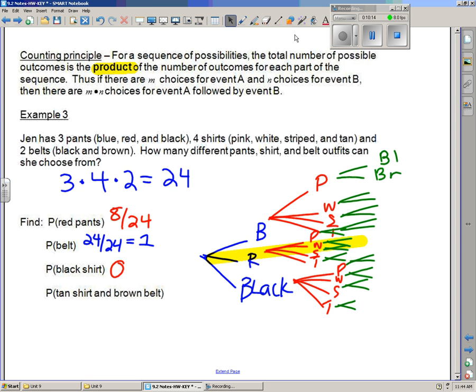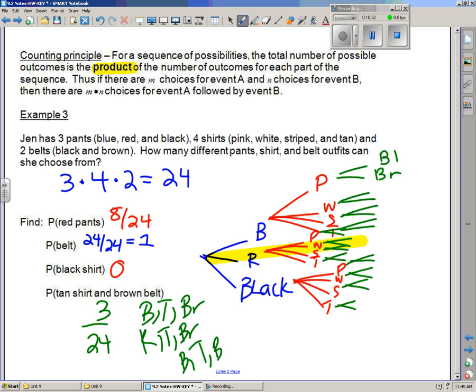So it's going to be blue pants, tan shirt and brown belt, or red pants, tan shirt and brown belt, or black pants, tan shirt and brown belt. 3 out of 24.